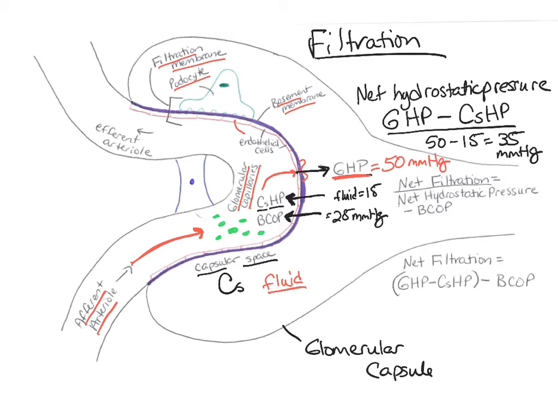So in order to get a net glomerular filtration, so net filtration, we have to find the net hydrostatic pressure and then subtract the blood colloidal osmotic pressure. All right, so we said the glomerular hydrostatic pressure was the blood pushing fluid out, and that's typically 50 millimeters of mercury. We said that the capsular hydrostatic pressure, the fluid in the capsular space pushing back against the filtration membrane, is 15 millimeters of mercury.